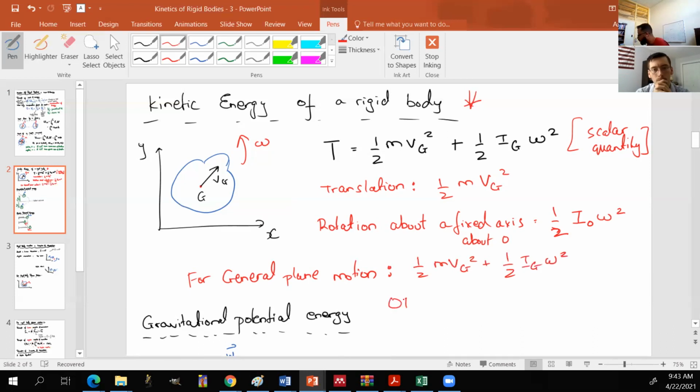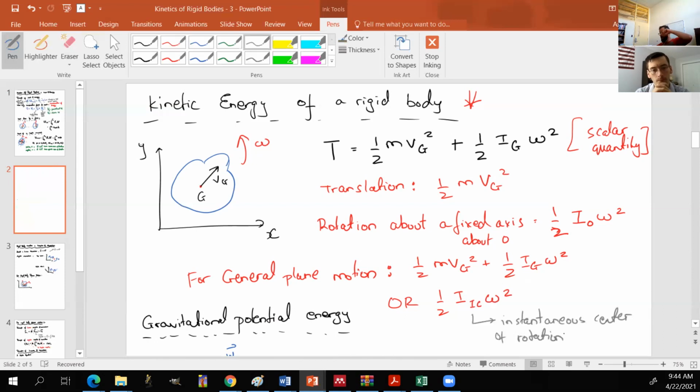Or you could also find the rotational moment of inertia about your instantaneous center of rotation, and do omega squared over there. Here, that is your instantaneous center of rotation.